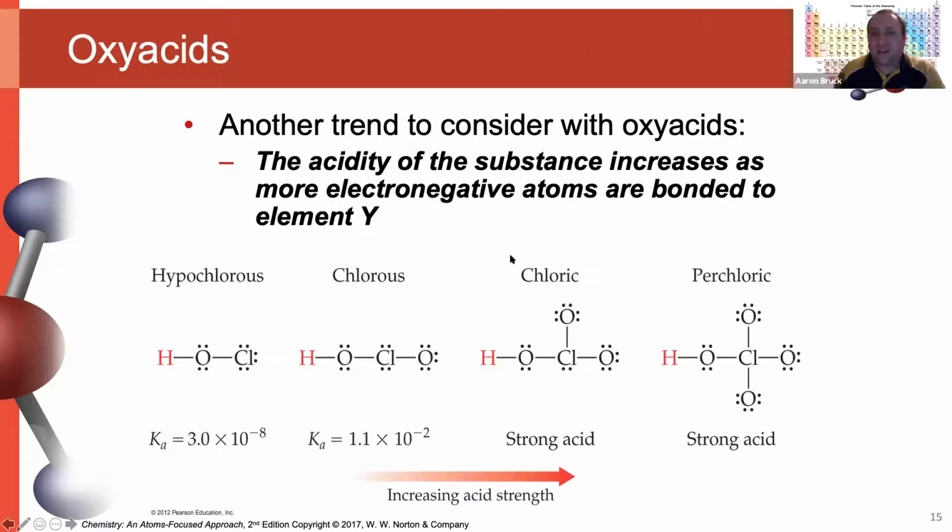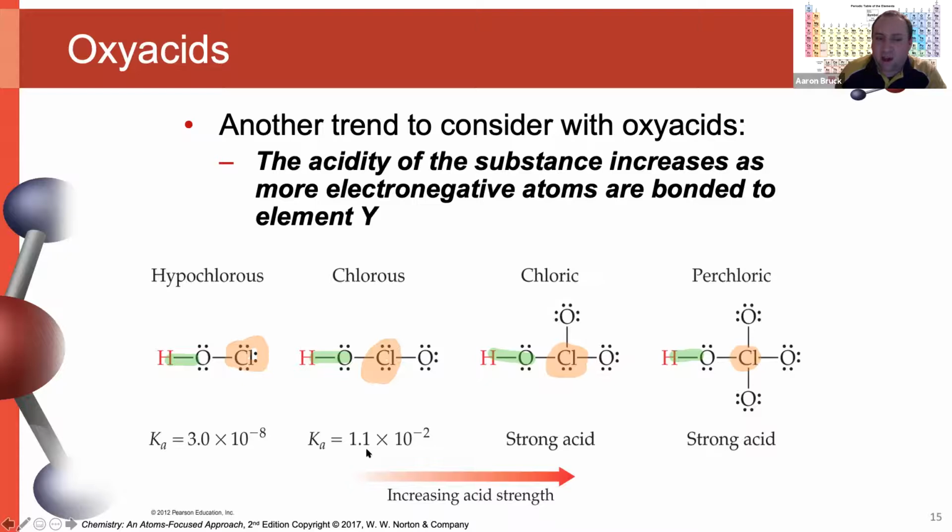The other thing to consider is oxygens. In these cases, if you look, here's our OH group in each case. And we can see that the atom that is bonded to the OH is chlorine in each case. But look what's happening as we add more oxygens to that chlorine.